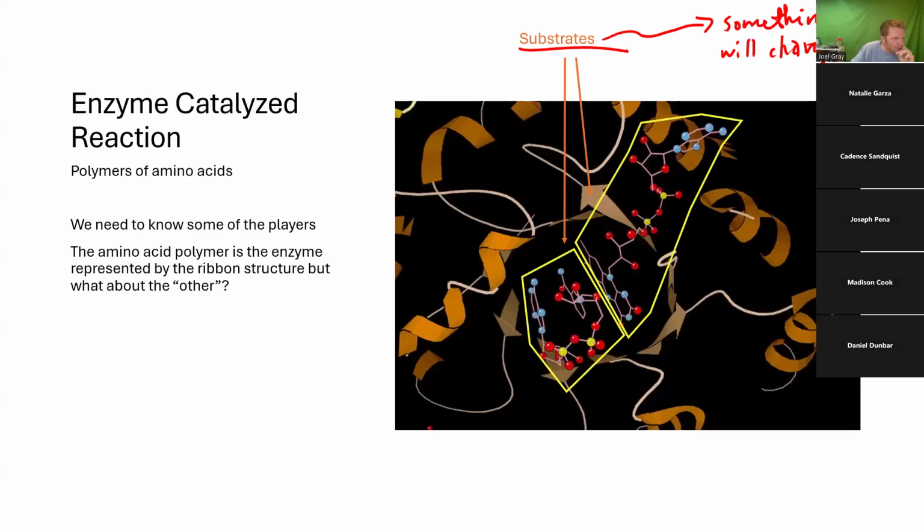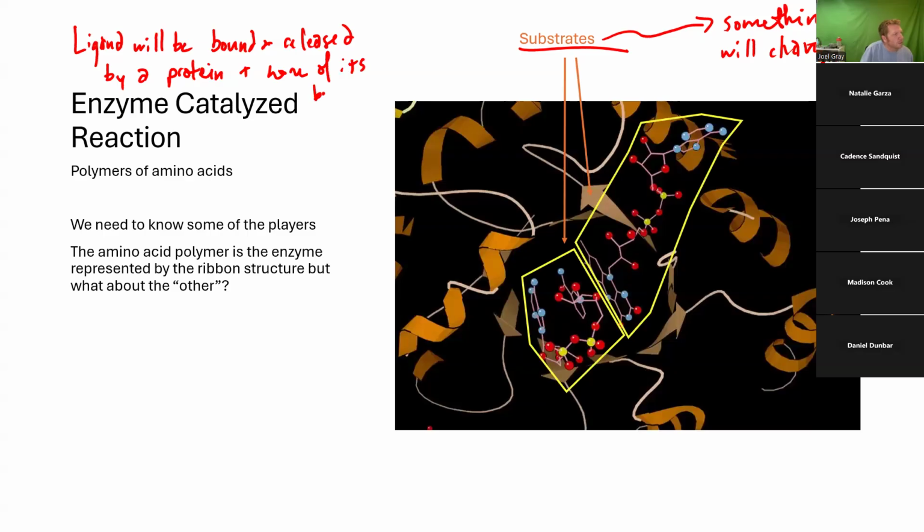Could you say that again about the ligand's difference? Yeah, absolutely. A ligand will be bound and released by a protein, and none of its bonds will change.